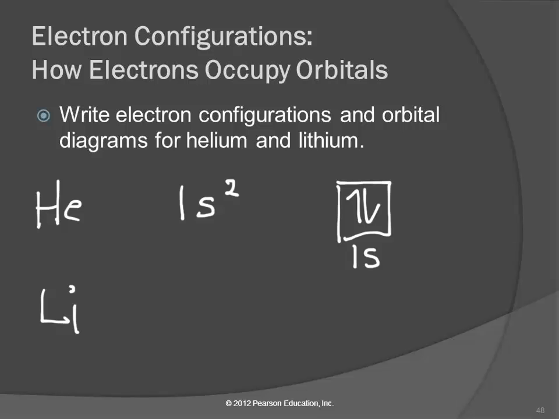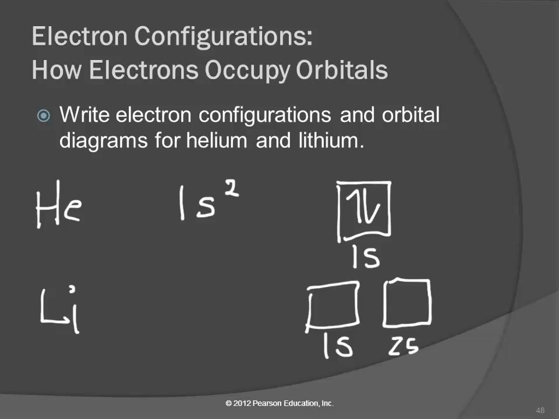How many electrons does lithium have? 3. Lithium has 3 electrons. So there's that 1s orbital. The first energy level, n equals 1, only has 1 subshell, the s. The second energy level has another s orbital, and that's going to be the next highest energy. So here's the 2s orbital.